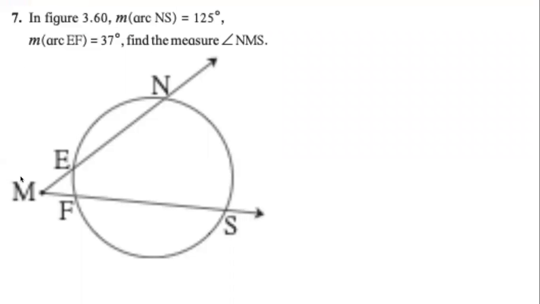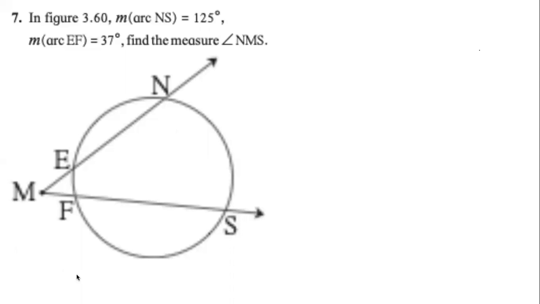Let us try the last question of practice set 3.4. This is question number 7. We have a circle where some information is given and some information is asked. What is given? It says that measure of arc NS is 125.